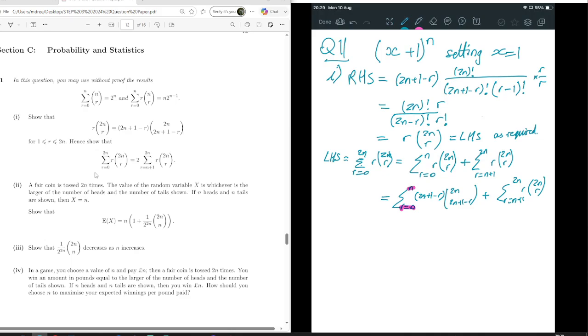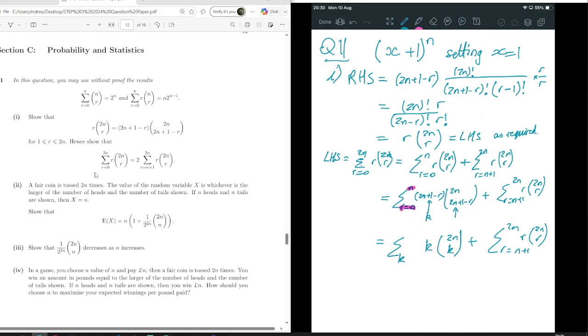I really want to change this thing to be called a k maybe. So then I'm summing from k equals something to something of 2k choose k, plus the other one. But I need to work out very carefully what the limits of this k are.